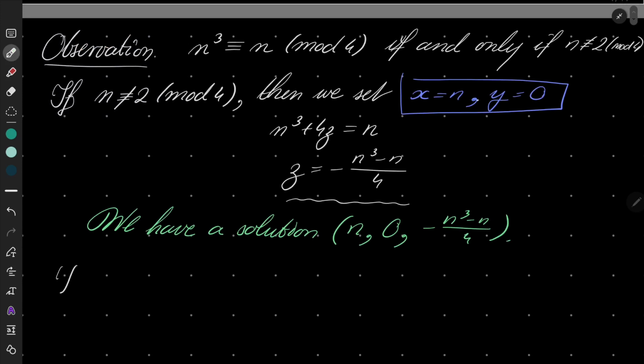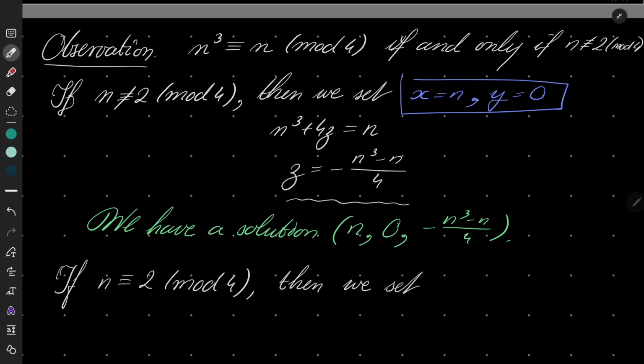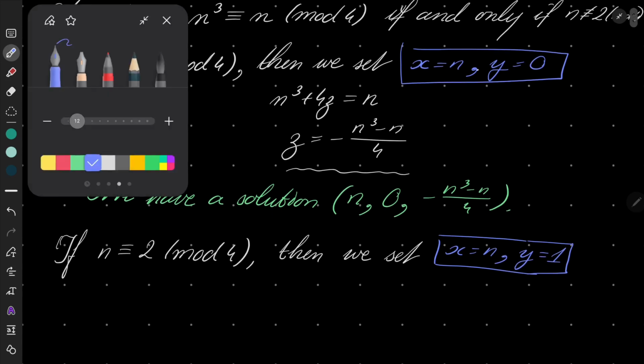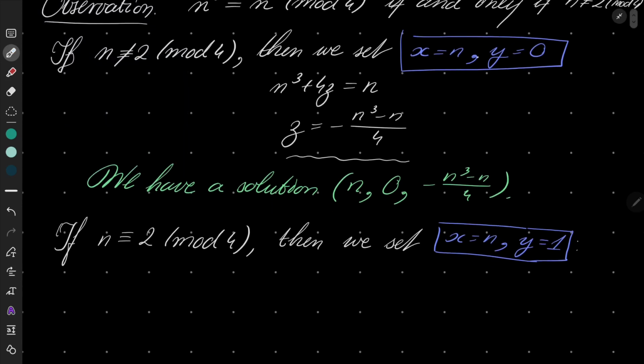And the second case, if n is congruent to 2 modulo 4, then by some experimentation we can see that by setting again x equals n, but this time y equals 1, we get the following: n cubed plus 2 plus 4 times z equals n.